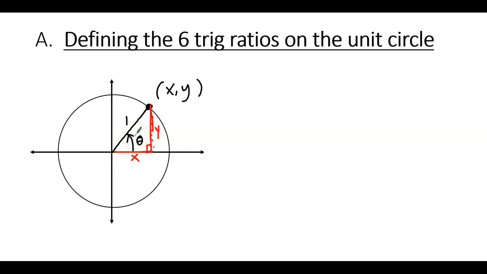All right, so let's begin with sine. You don't need to write this yet. I'll show you what I want you to write in a minute, but first I just want you to think with me. What is sine of theta? As you know, sine of theta is opposite over hypotenuse. The side opposite theta is the y value, and the hypotenuse is 1.